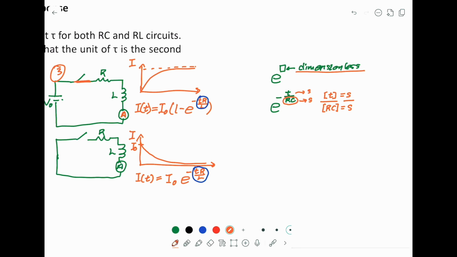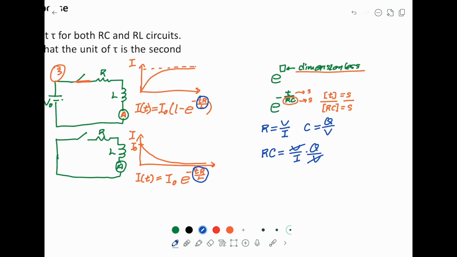Now, the other way to look at this one is from the definition. So first, R is defined by Ohm's law, so it's V over I. And capacitance is defined as charge per unit voltage. So when you multiply RC, you have V over I multiplied by Q over V. So the V cancels.